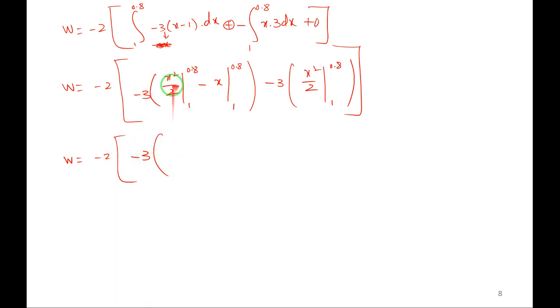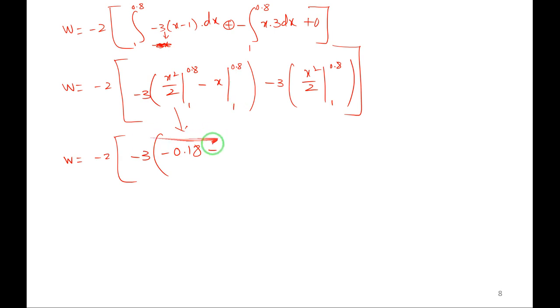Open bracket. Upper limit minus lower limit: 0.8 square minus 1 square, divided by 2. 0.8 square minus 1 square is minus 0.36, divided by 2, so I will get minus 0.18 from this. Next, minus upper limit minus lower limit: 0.8 minus 1.